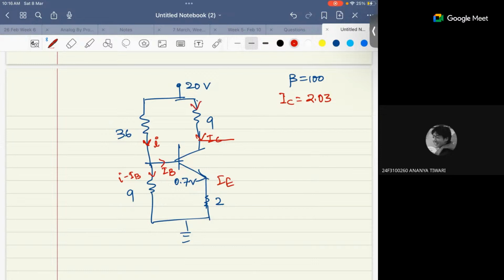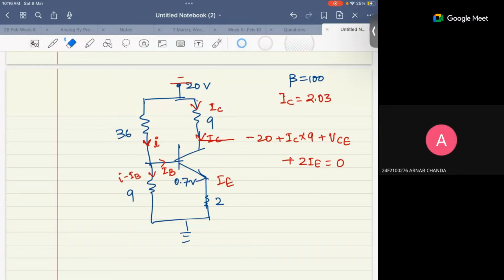Okay, then what's the issue? IC you know already. Then you can write it like this, right? From here, minus 24 plus IC times 2 plus VC. There was VCC also, right?